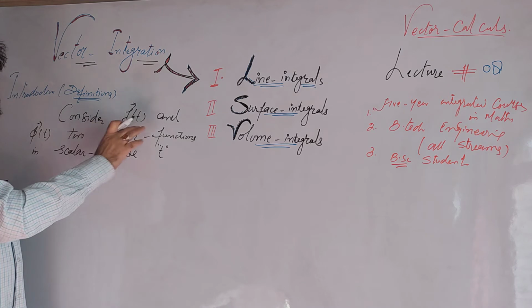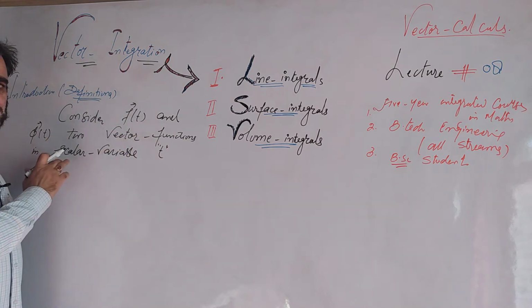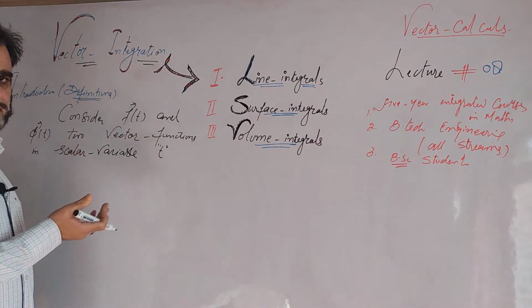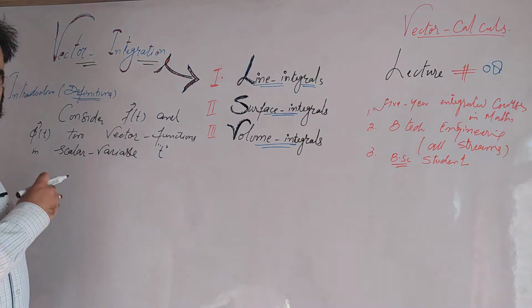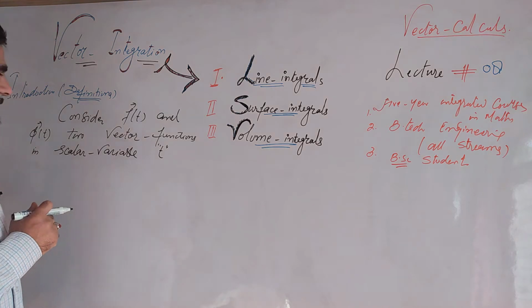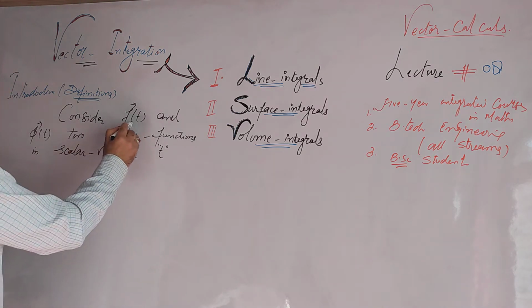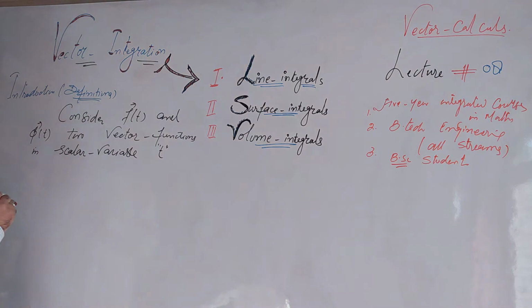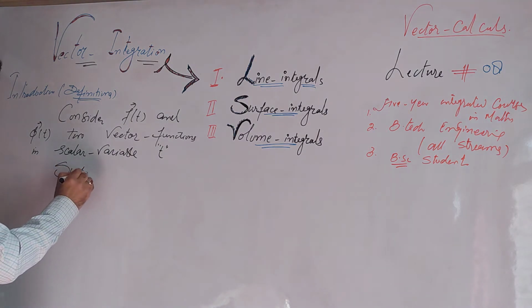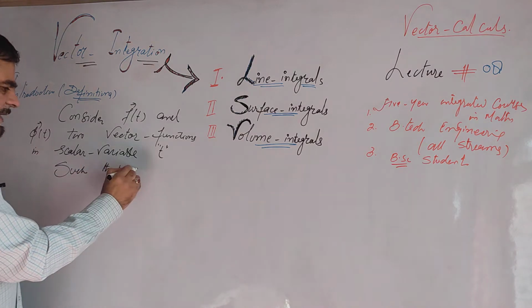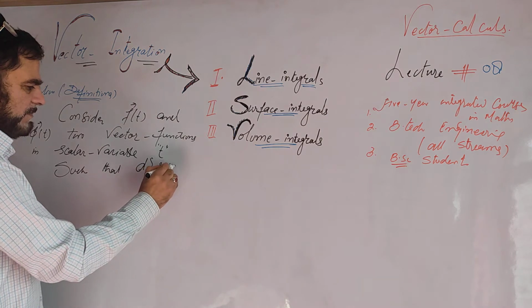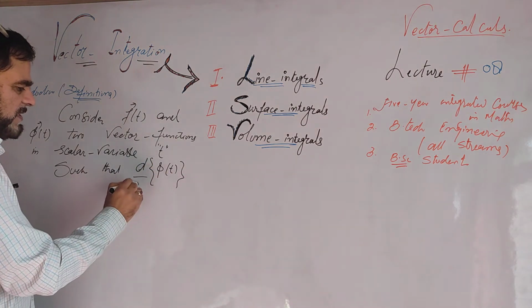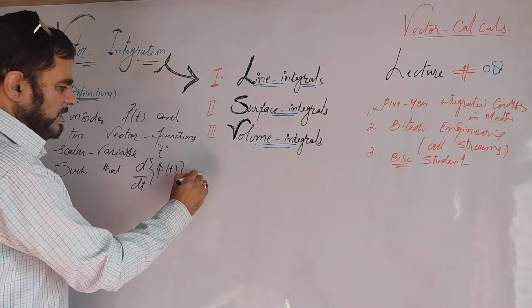Now we define, as you do in case of ordinary integration of real functions, whatever way you define it there, here also we will define in the same way. These are the two vector functions in scalar variable t such that the derivative of phi of t with respect to t is equal to f of t.